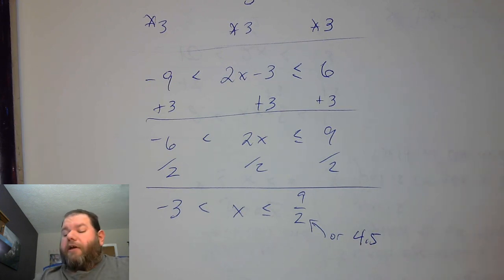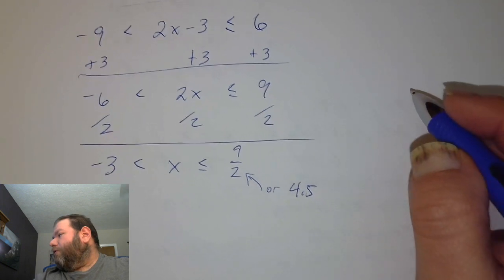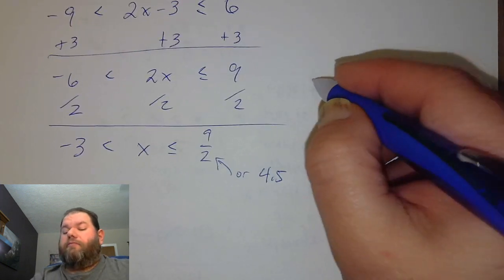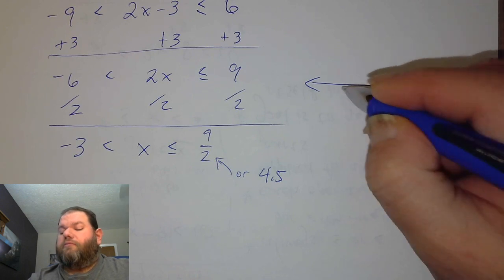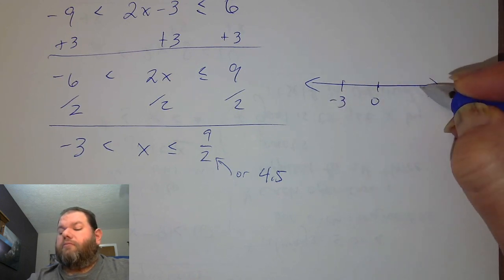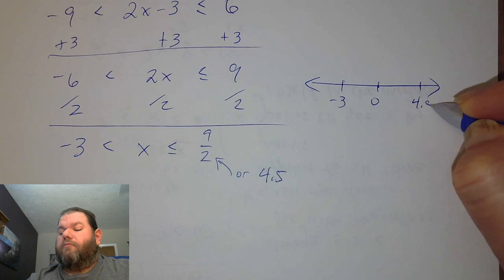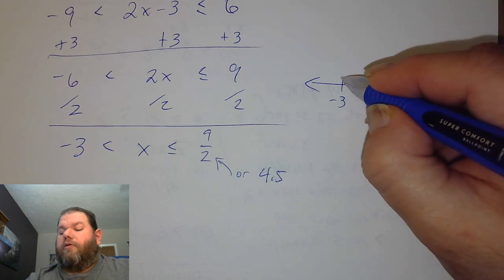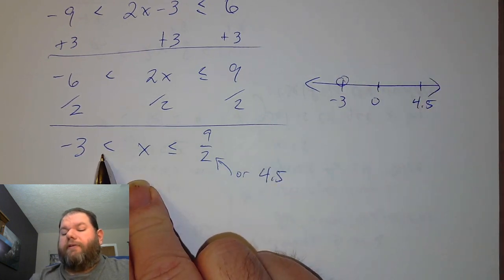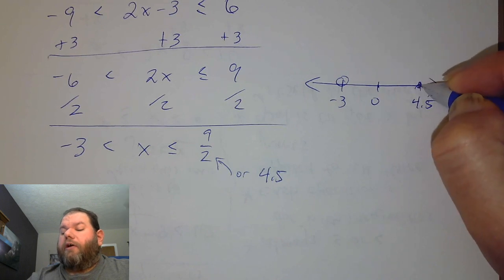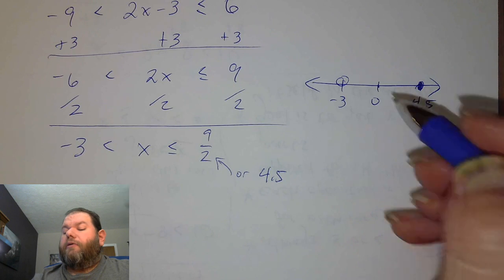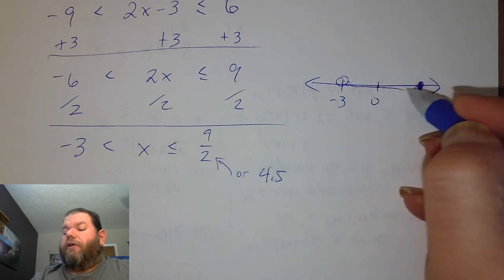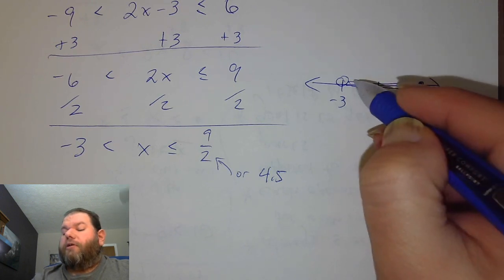And when we graph the solution, again, open on negative 3 because it's less than, closed on 4.5 because it's less than or equal to, and then shade everything in between.